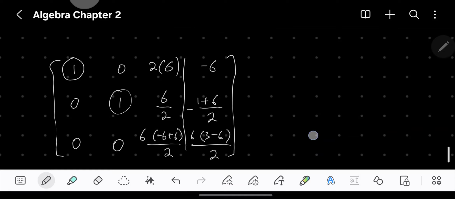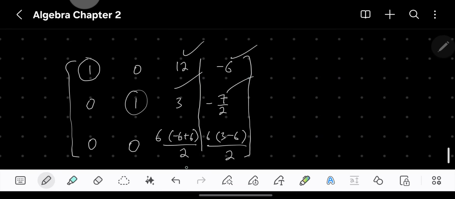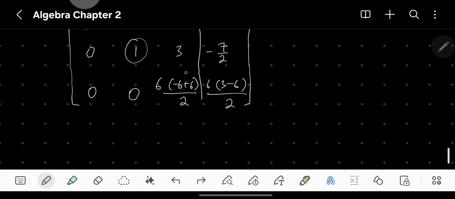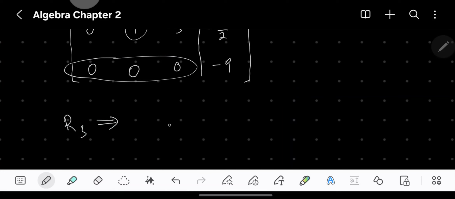So what will happen if I solve these values? I will get this. Then this is minus 6 plus 6, which is 0. So I will write 0 here. And this is 6 times minus 3, because this is minus 3. This is minus 18. Minus 18 by 2 is minus 9. So what will happen? R3 implies 0 is equal to minus 9.